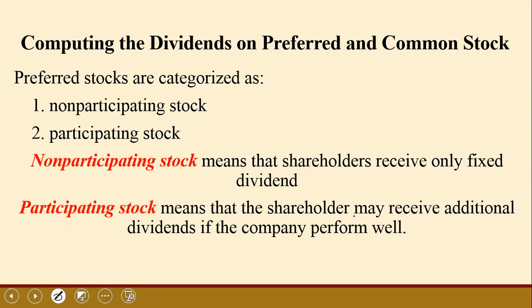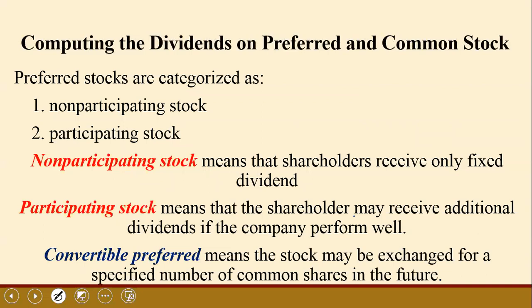So kapag nag-perform ng mabuti yung company mo, marami siyang kinita, you will receive additional dividend at tinatawag siyang participating stock. And the convertible preferred means the stock may be exchanged for a specified number of common shares in the future.